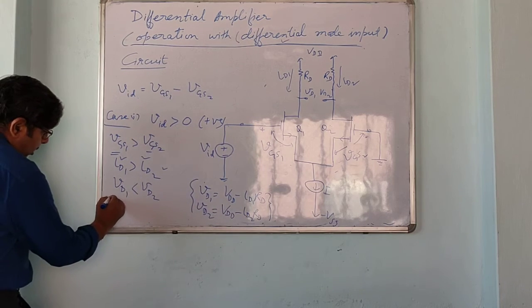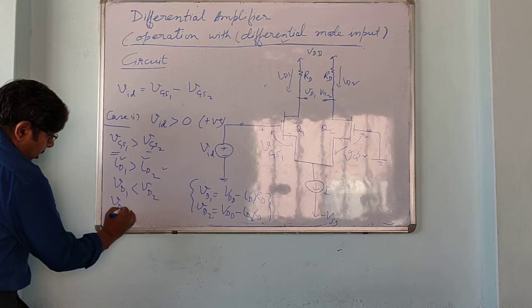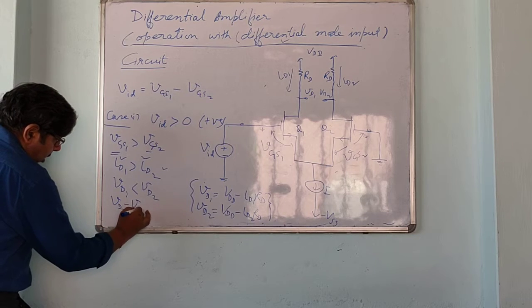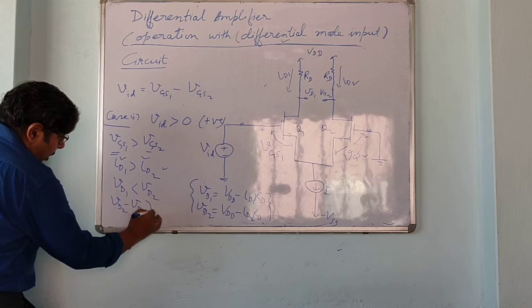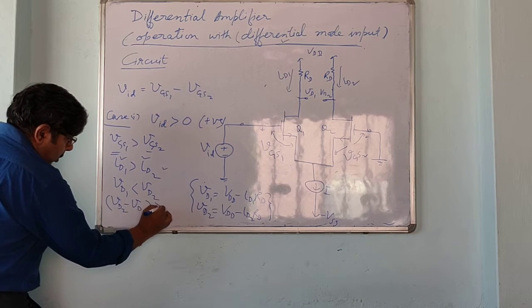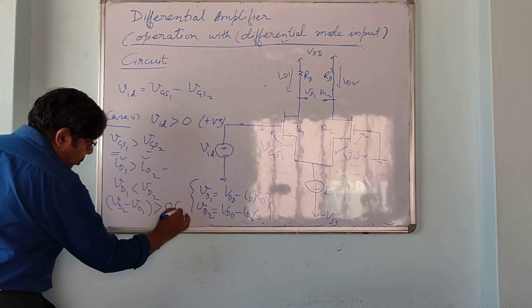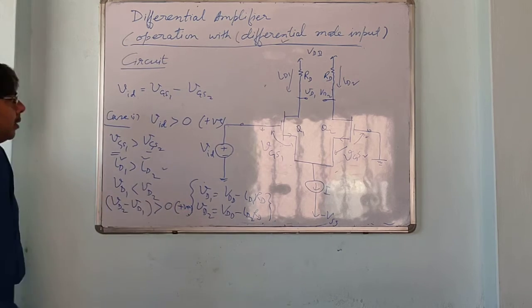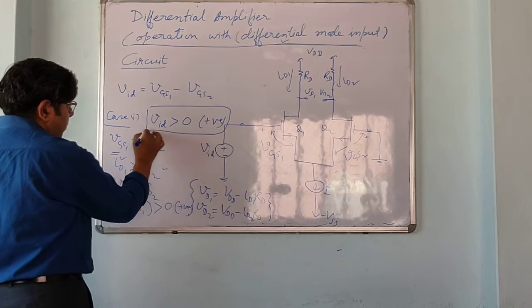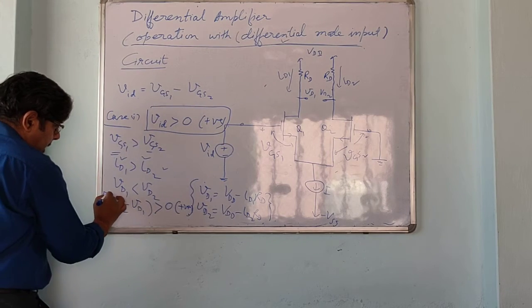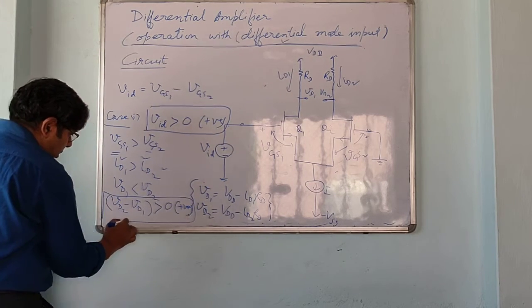And the differential output voltage VD2 minus VD1 is greater than 0, that is positive. So if the differential input is positive, then the differential output is positive.